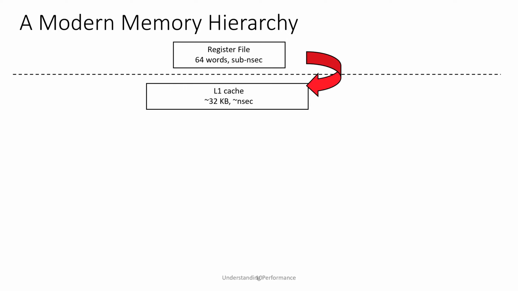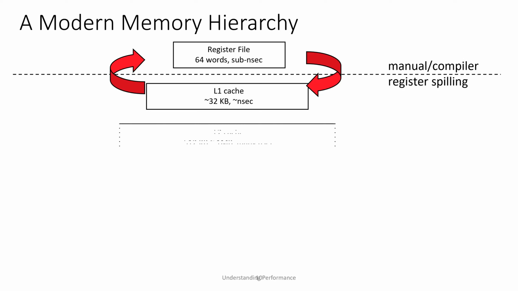And the movement between the registers and caches is done by the compiler. It is manual in nature because somebody has written the compiler to begin with. We are all using it, meaning the programmer or the program will explicitly move the data in and out of the registers.